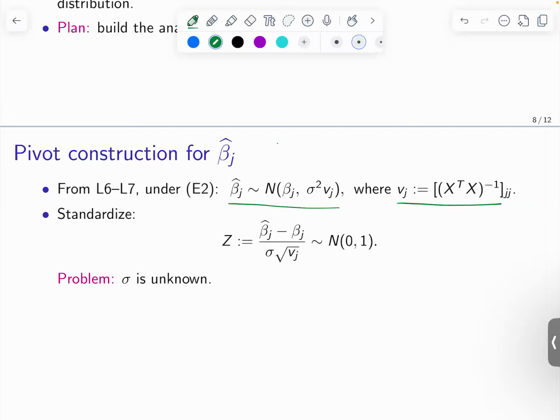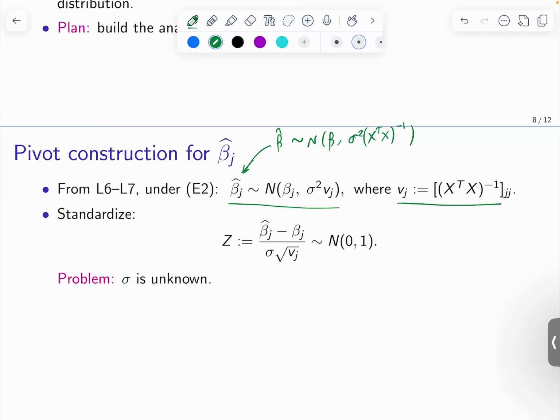So this is a marginalization of the result that we had. The vector is multivariate normal with mean beta and covariance matrix sigma squared X transpose X inverse. If you marginalize, the j-th marginal would look like this.